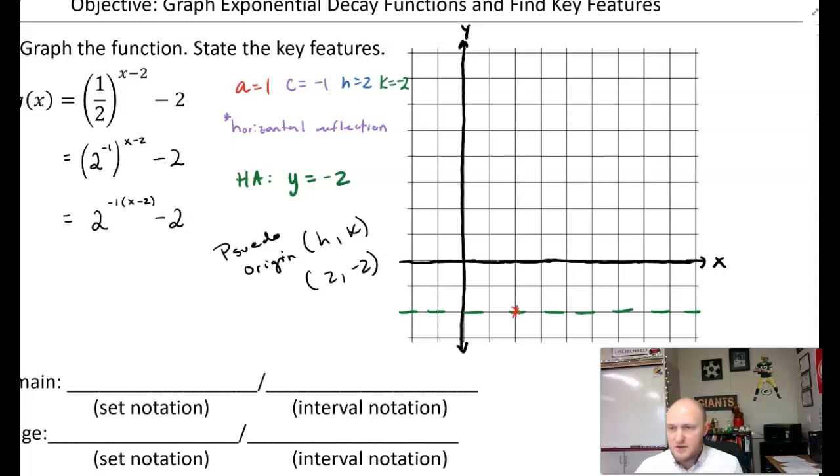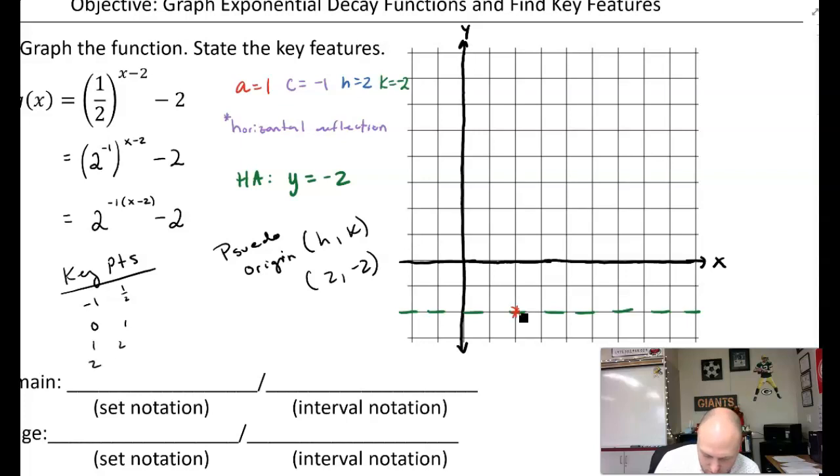So right there, I'm going to graph everything from that location, and I'm going to plot my key points. The key points are the same from the last lesson: -1, 1/2; 0, 1; 1, 2; 2, 4; and if I have room, 3, 8.